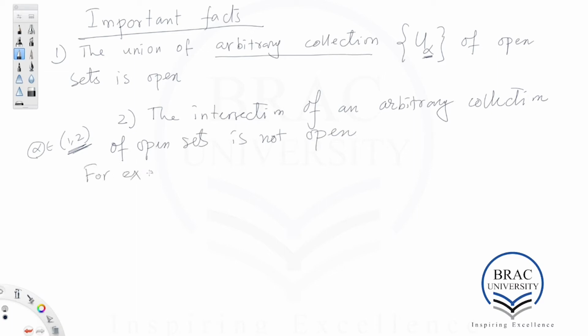For example, the intervals (minus 1 over n, 1 over n), n equal to 1, 2, 3, all the way up to infinity. So it's a countable collection of intervals. If you want, you can denote this collection like this, with n from 1 to infinity, the same thing.